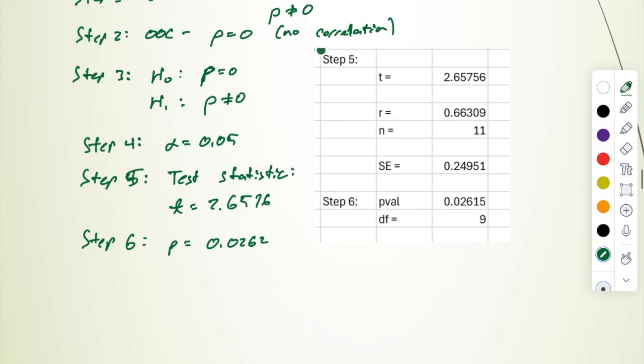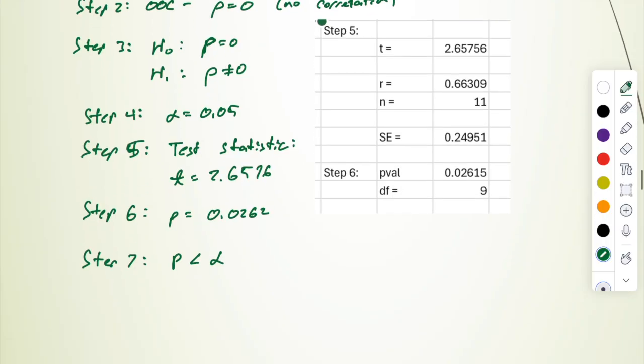And so here's my significance level. So we've got alpha. Step 7, we've got p is less than alpha, right? Alpha was again 0.05. And so this means I'm going to reject the null.